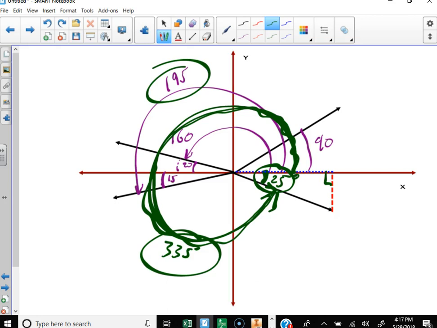So this angle, and this angle, and this angle, and this one are all angles made with the x-axis, not the y. For example, this is not an angle that we would consider. I mean, it's not like it's not an angle, but we're always going to consider the angle to the x-axis. That angle has a special name. It is called the reference angle.